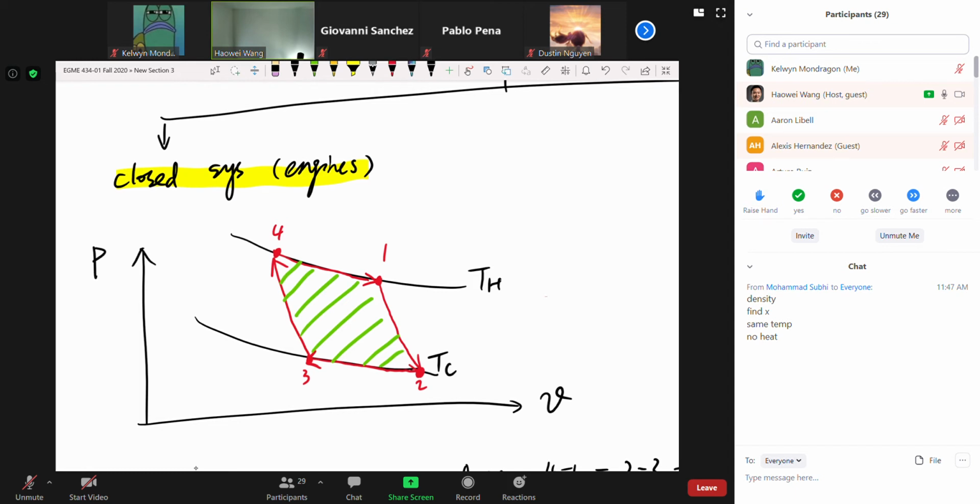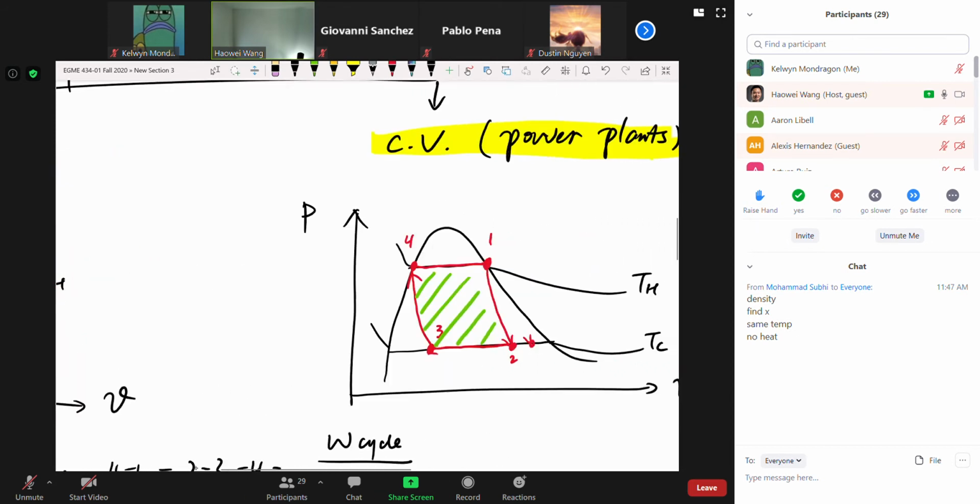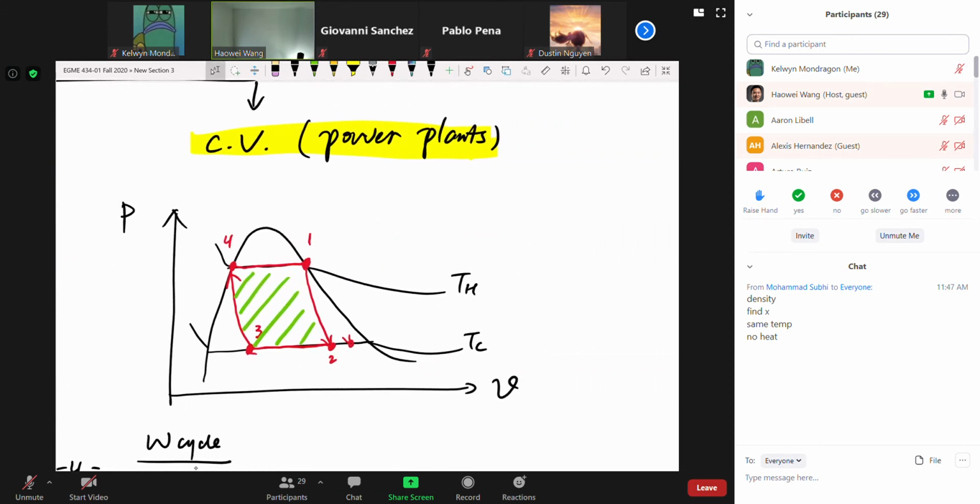No? Okay, so this is the Carnot cycle applied to a closed system, which is also the case for your homework number 4, problem number 3. The second example was also a Carnot cycle, but this Carnot cycle is applied to a power plant. What are the 4 components in the power plant? 4 to 1 is the boiler, where you gain heat.